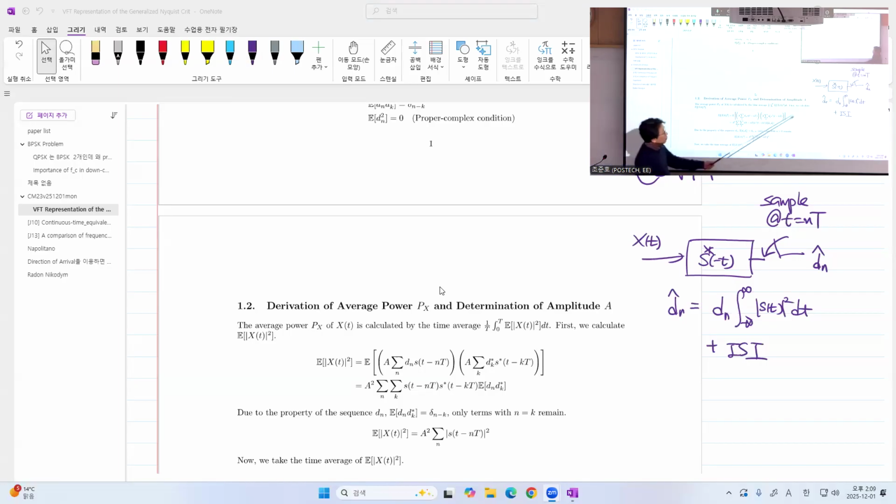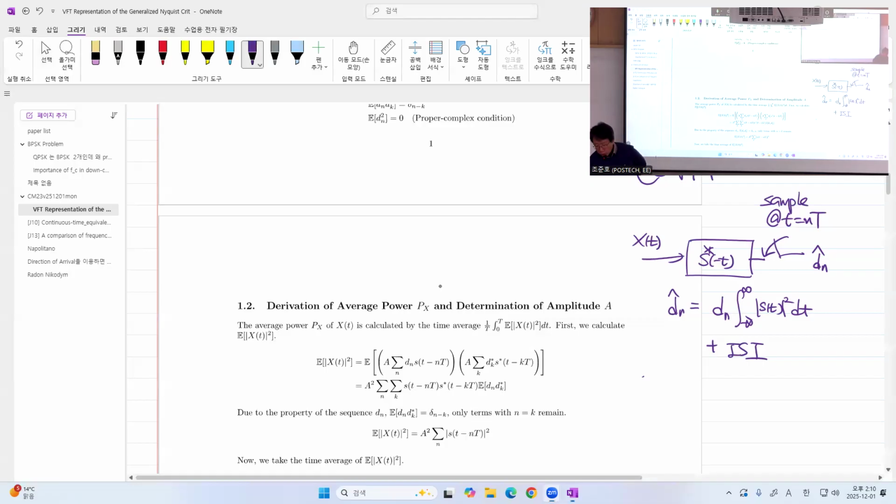So here, if this equals 1, which means S of t has unit energy, then your sampled output has D sub n without any scaling effect. Got it? So you can simply say that, hey, what I want for square root Nyquist criterion for S of t is this one.